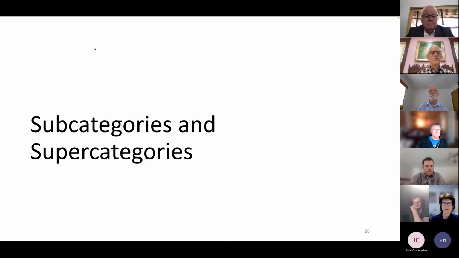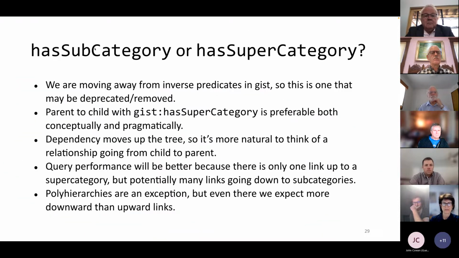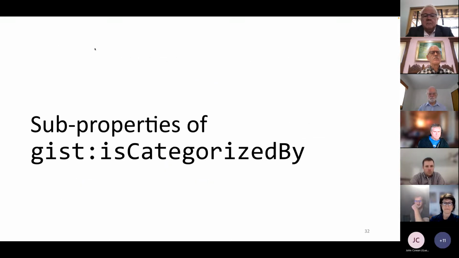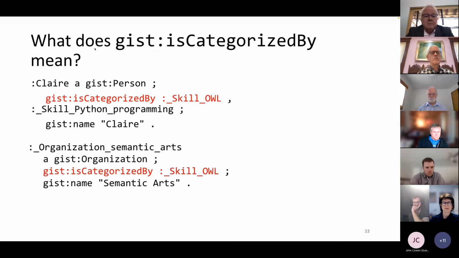So a few other design considerations. I discussed supercategory and subcategory already. This is an important point.